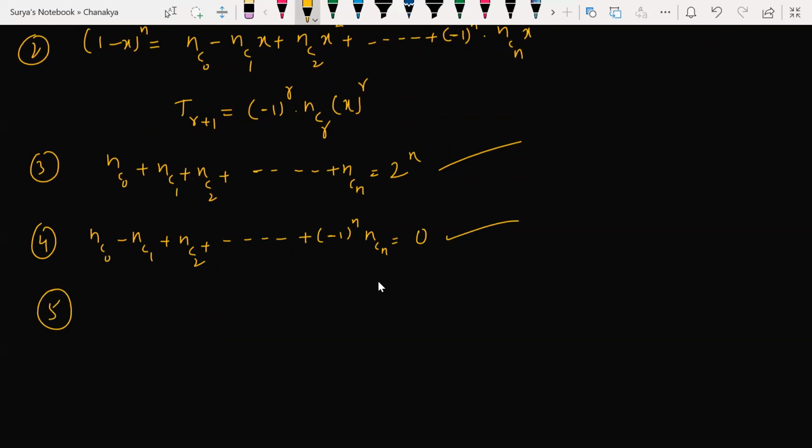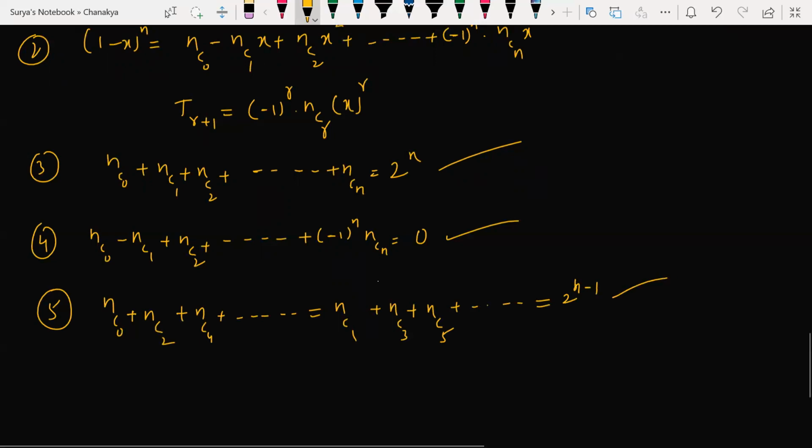The fifth one, nC0 + nC2 + nC4 + ... is equal to nC1 + nC3 + nC5 + ..., which is equal to 2 to the power of n minus 1.